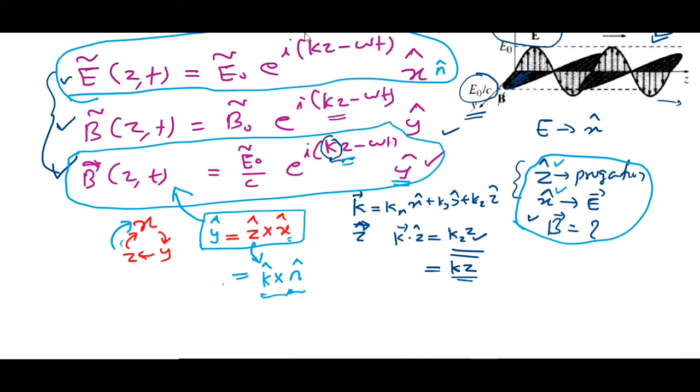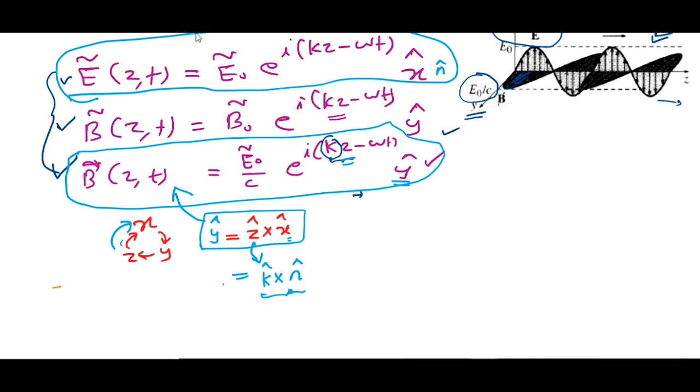For example, I will write in the general way. If the electric field is along the y direction and the propagation direction is z, and you are asked to find out the magnetic field, it is very clear that the z direction is the k vector, then k cross y, that is z cross y.